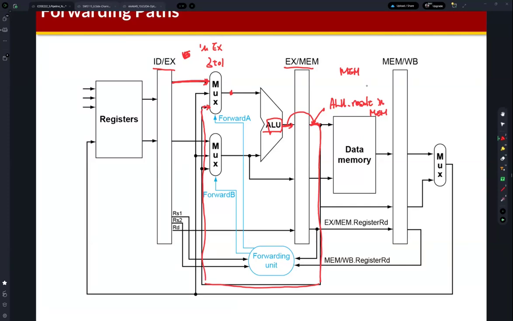Also, you can find that the result of data memory and the result of the ALU are multiplexed here. This is actually the final result in write back, and this can be forwarded to this port, right?